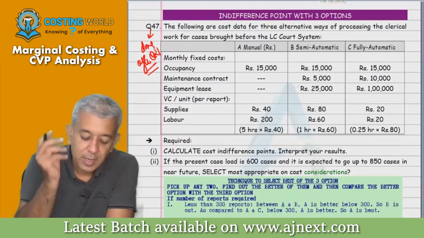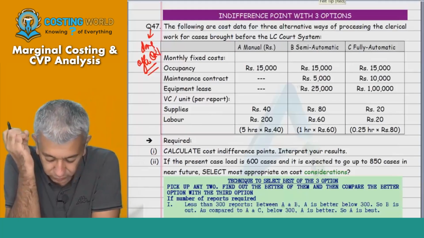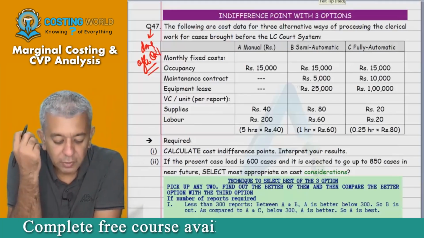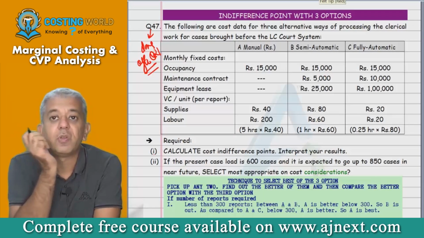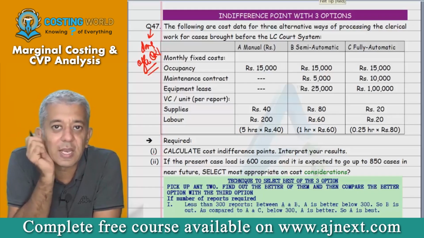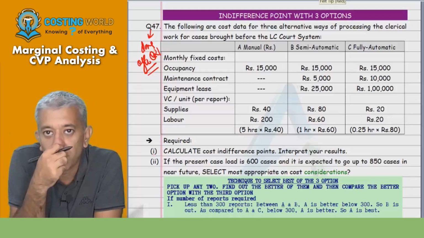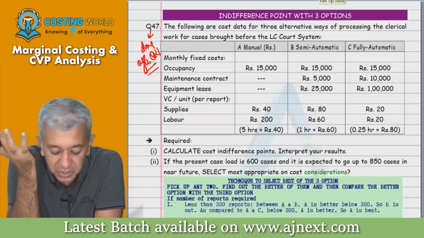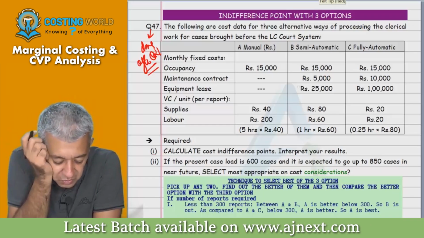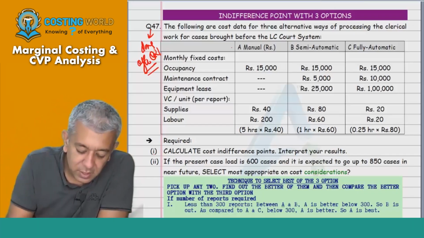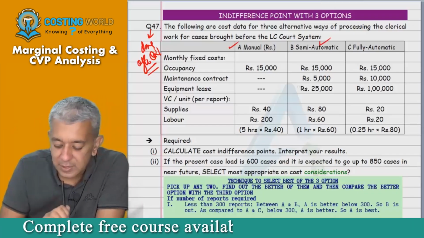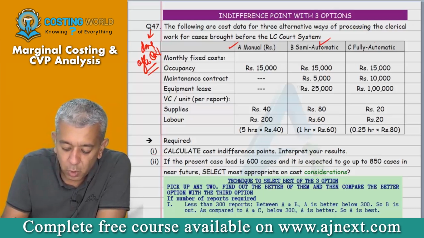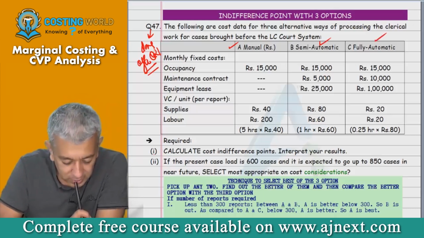Now, the following are the cost data for 3 alternate ways of processing the clerical work for the cases brought before the court system. It could be the lower court, I think so. Whatever that is, I am very interested. A, manual machine. B, semi-automatic. C, fully automatic.